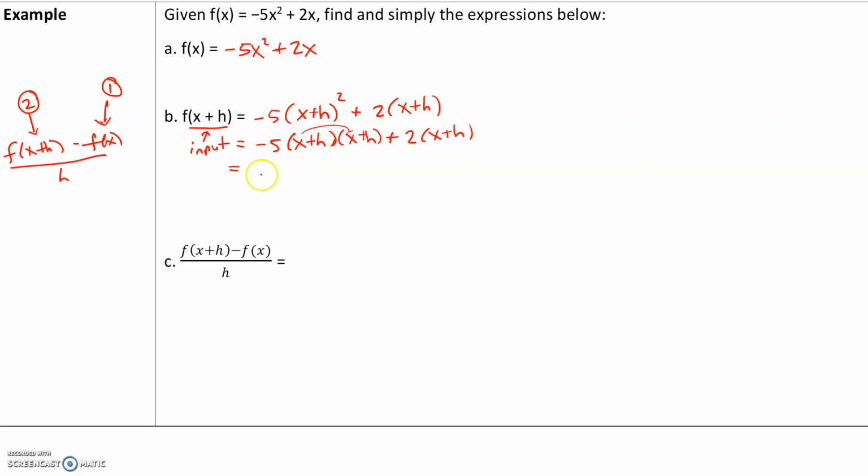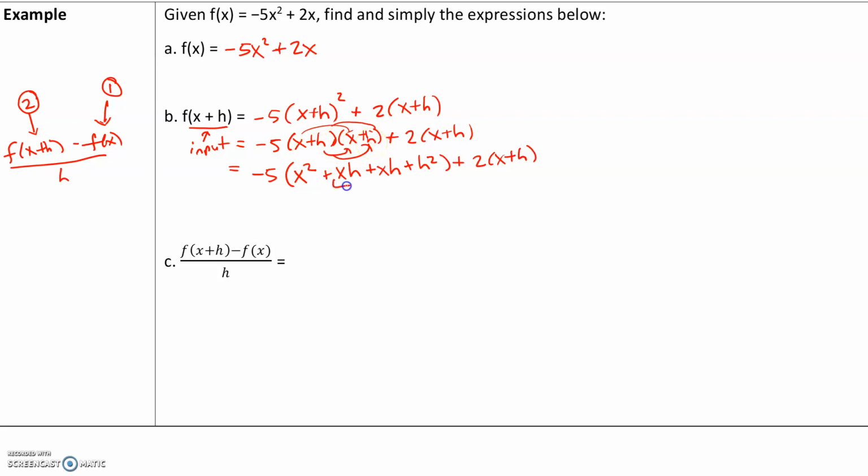So we have the negative 5 on the outside. We have x times x, which is x squared. Then we have x times h, which is plus xh. We have h times x, which is also xh. And then we have h times h, which is h squared, plus 2 times x plus h. So we distributed, we FOILed these two expressions.